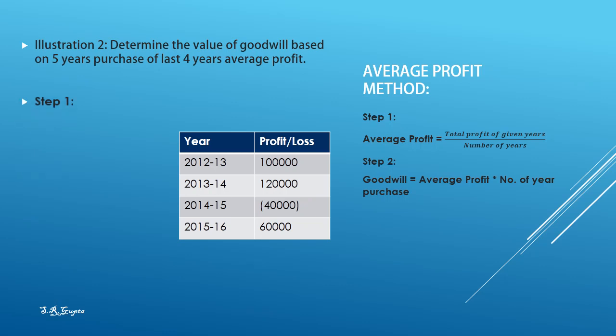We'll follow the same 2 steps. Step 1, we'll find the average profit of the firm. So average profit is equal to total profit of given years divided by number of years.